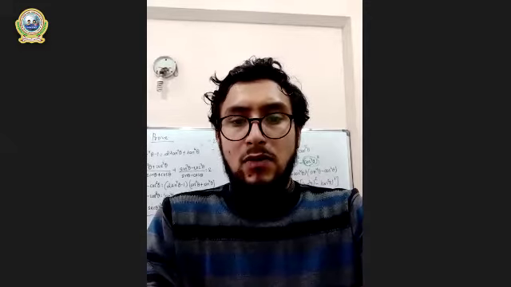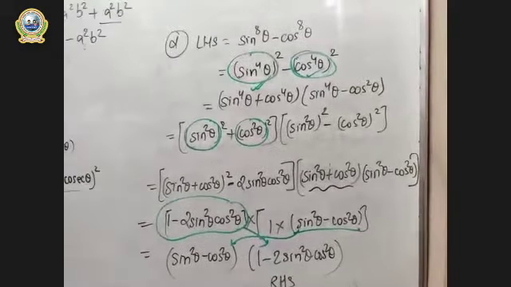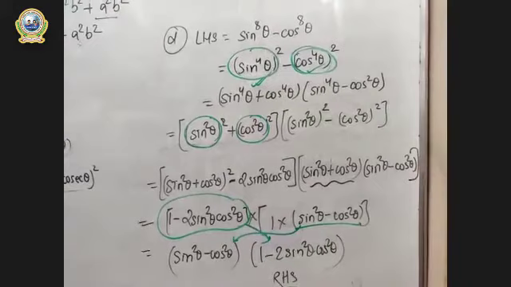This is our right hand side. Look here, I'll repeat it for you. This has been written to this part, and this one has been written to the right part. So this is our answer. This was very simple, right? Just the a² minus b² and a² plus b² format.